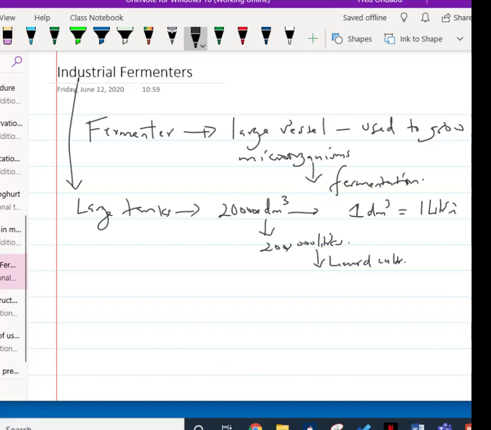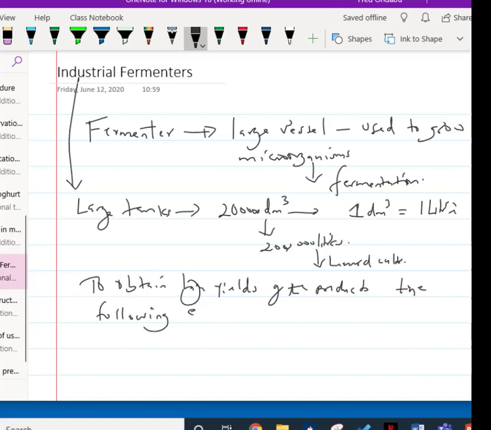For fermenters to carry out their function of fermentation properly using that liquid culture, there are environmental conditions that need to be controlled so that you can obtain high yields of the product. The following environmental conditions must be controlled.